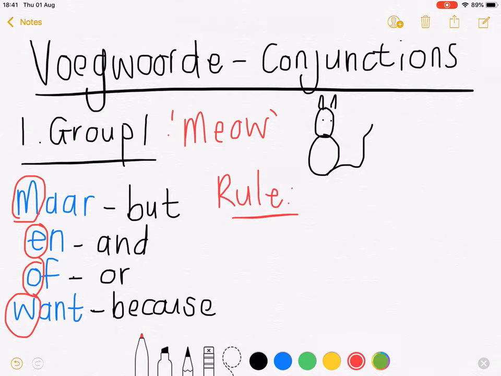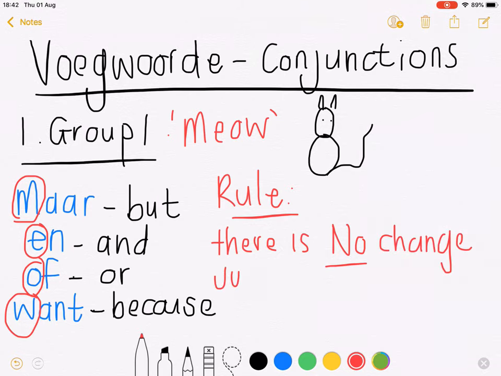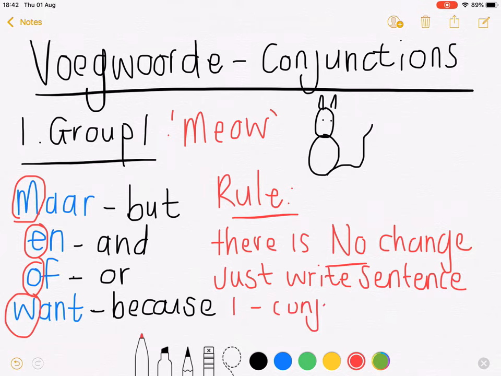This rule is very simple. There is no change. Just write sentence 1, conjunction, sentence number 2.